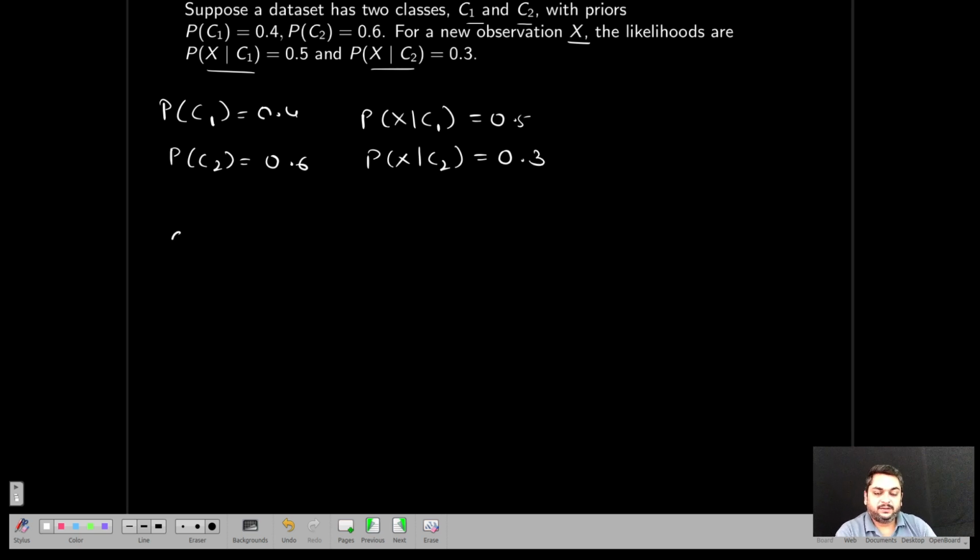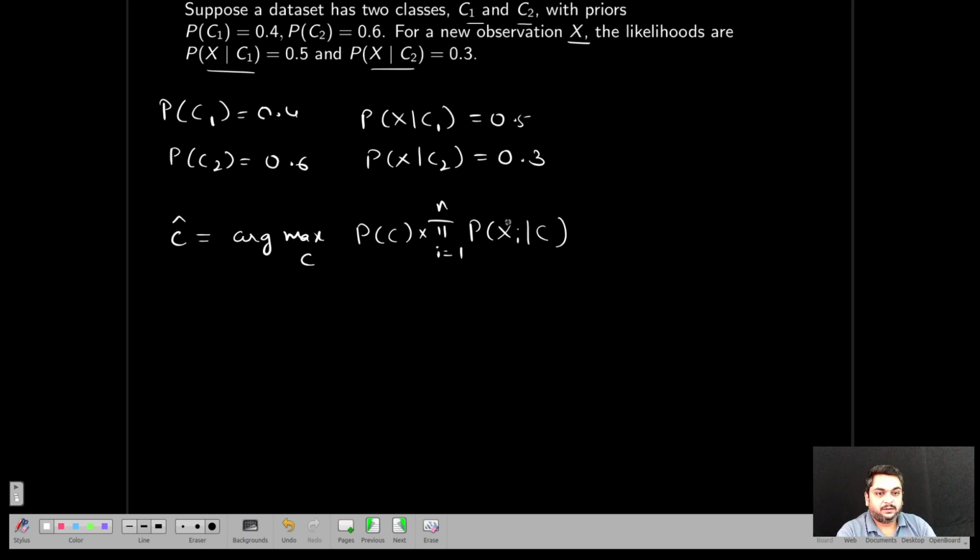So you find the MAP, that is, argmax over C, where there are only two classes C1 and C2, of P(C) times the product over i from 1 to n of P(xi given C).